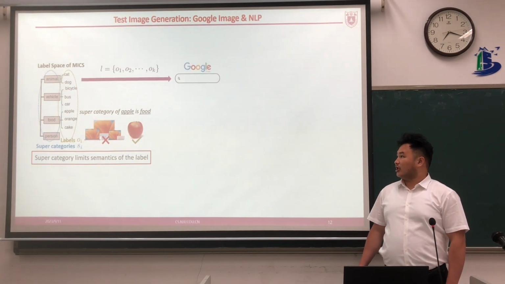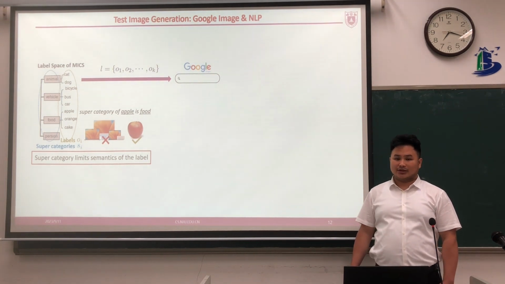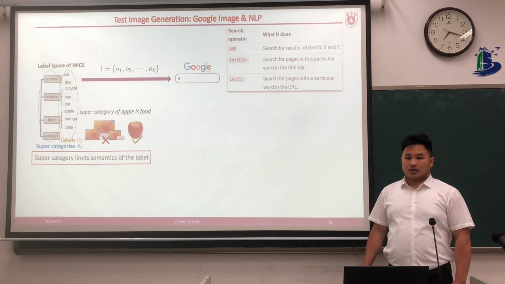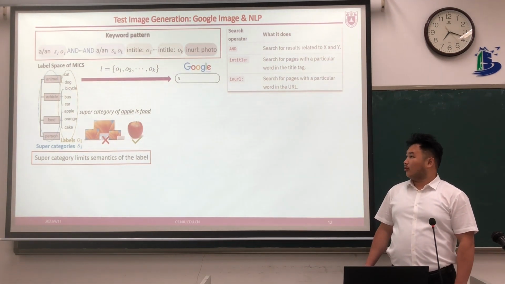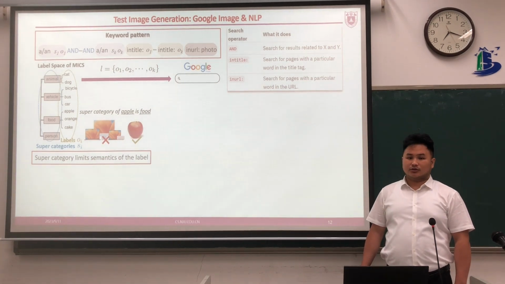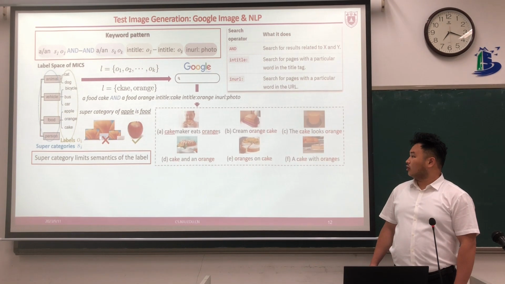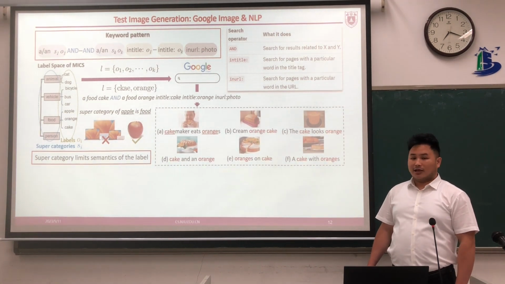For each label combination, we use Google Images to collect test images. For better matching, we use search operators provided by Google. We provide a keyword pattern to construct keywords. Google will return images accompanied by titles.